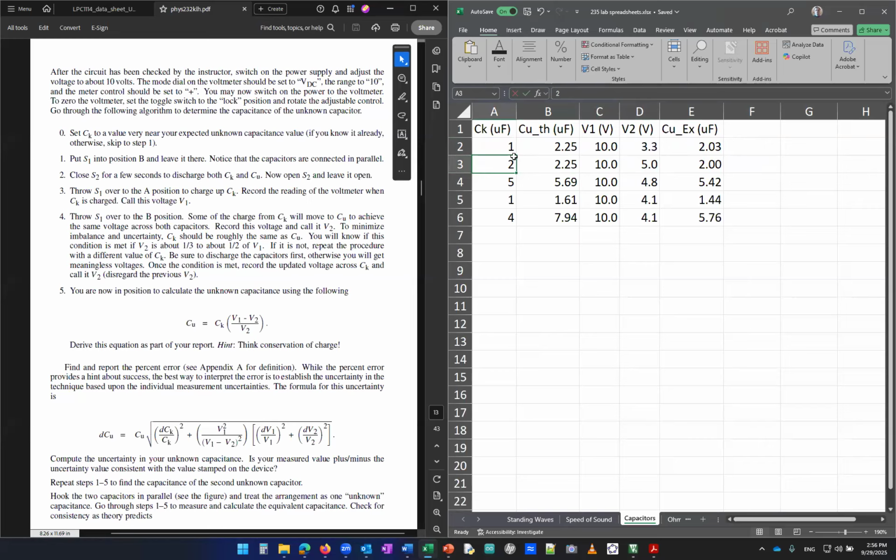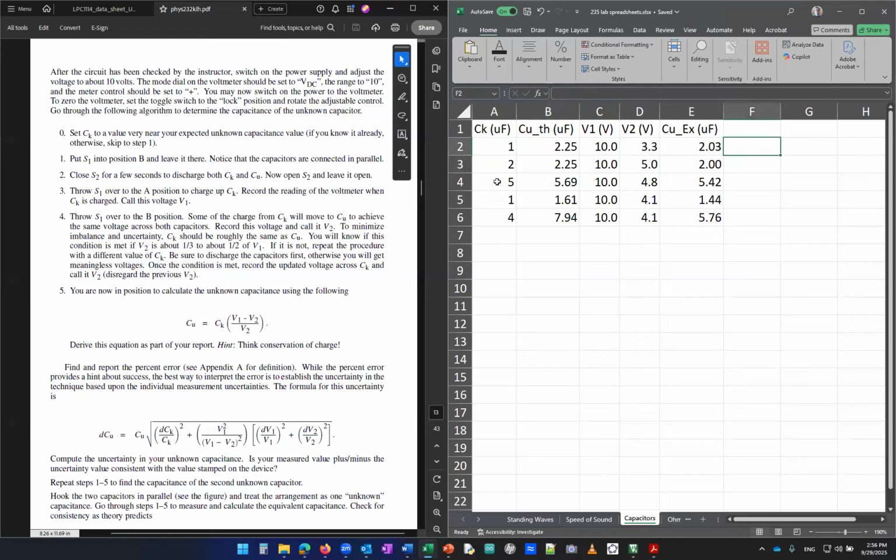So I did it again with a 1 microfarad capacitor. I calculated both with the same formula, and I got roughly 2 microfarads, unlike the 2.25, so more than 10% off.